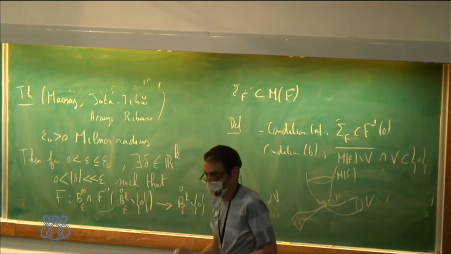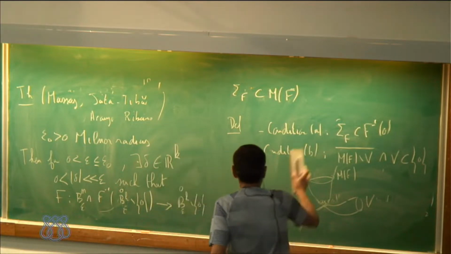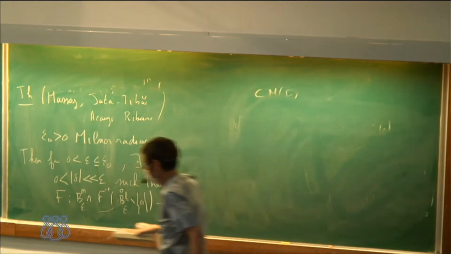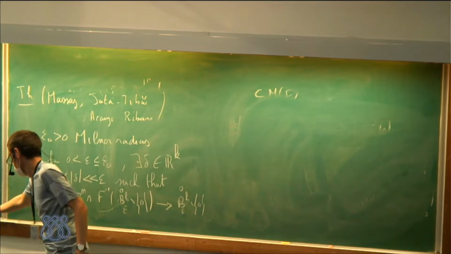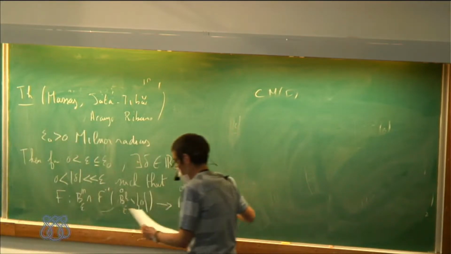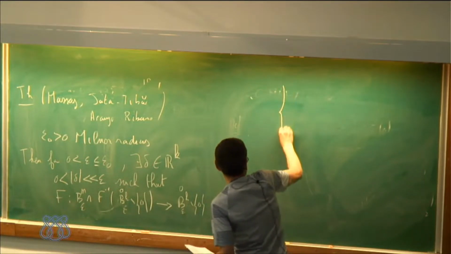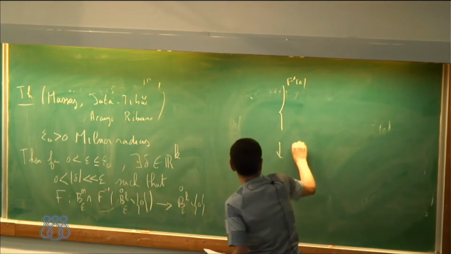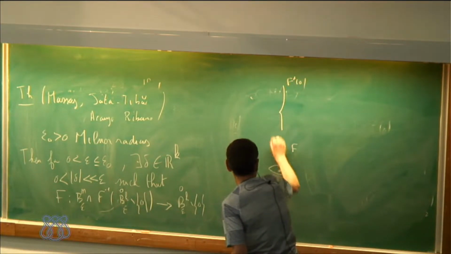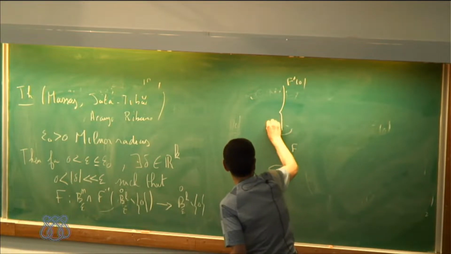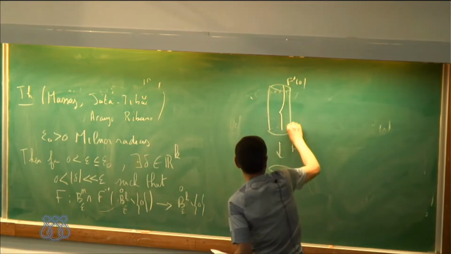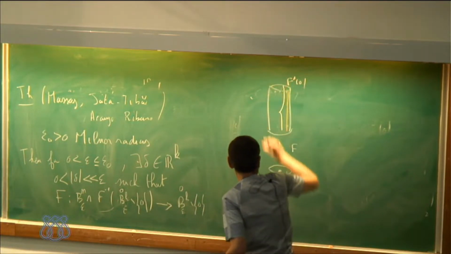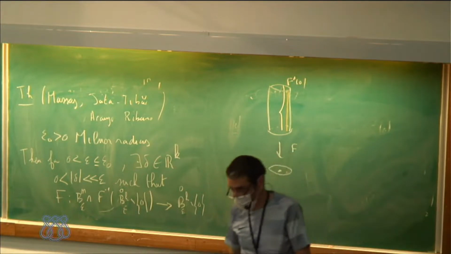This is a Milnor fibration in the real case. So the usual picture, the 0 level. Here you have the fiber. Okay. This is always the same picture.